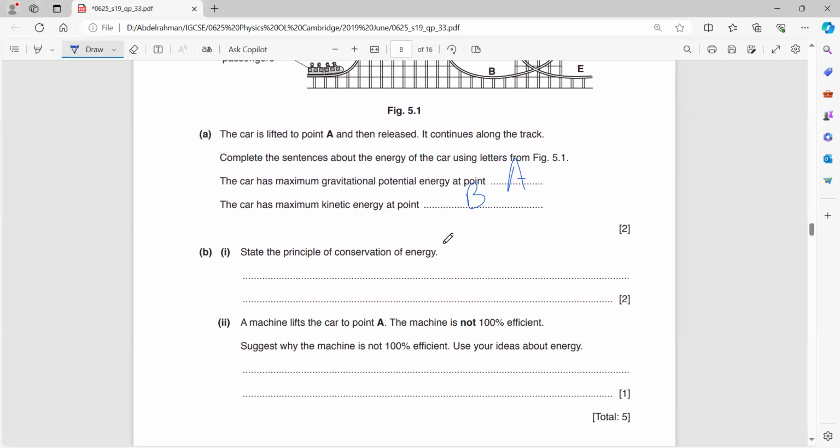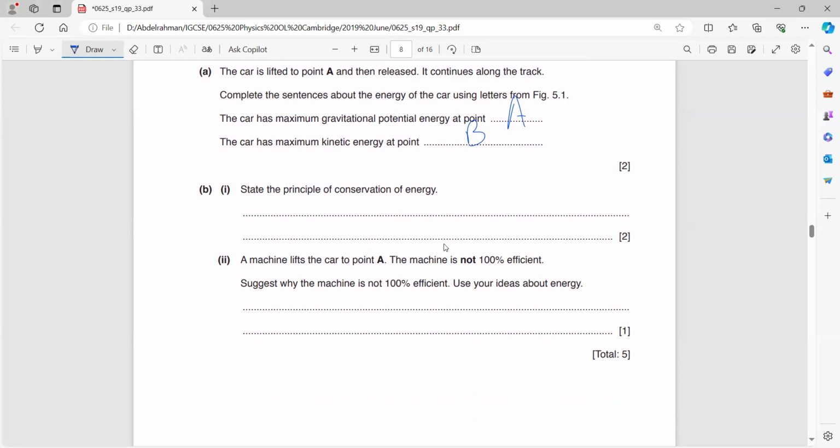B. State the principle of conservation of energy. Energy cannot be created nor destroyed. Nice. Energy can be changed into another type of energy, and can only be changed or transformed to other types of energies. Yes. Energy cannot be created nor destroyed.